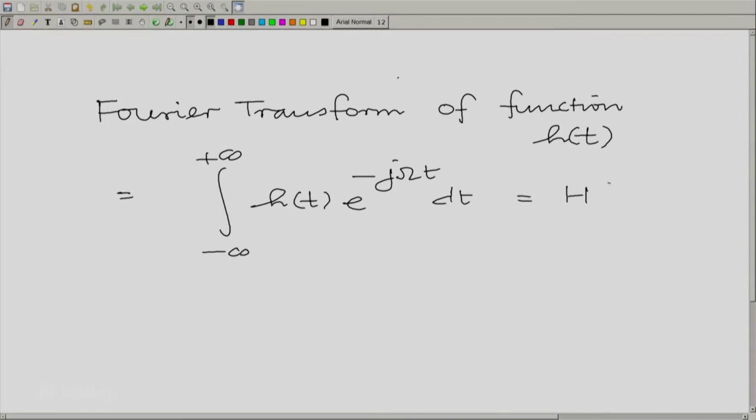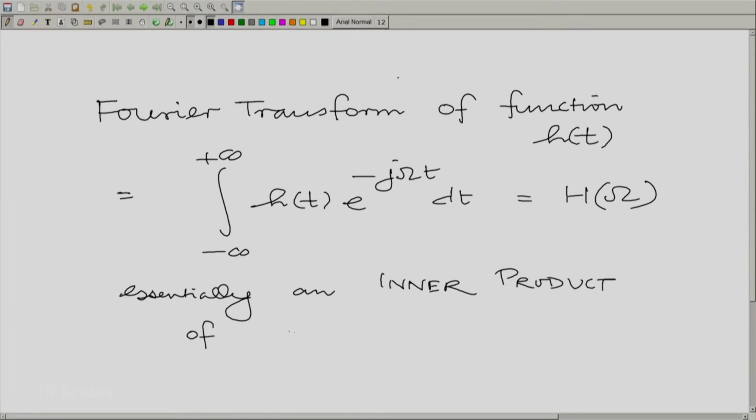So, we use capital letters to denote the corresponding Fourier transform, and this is essentially an inner product of h(t) and the rotating complex phasor e raised to the power j omega t.